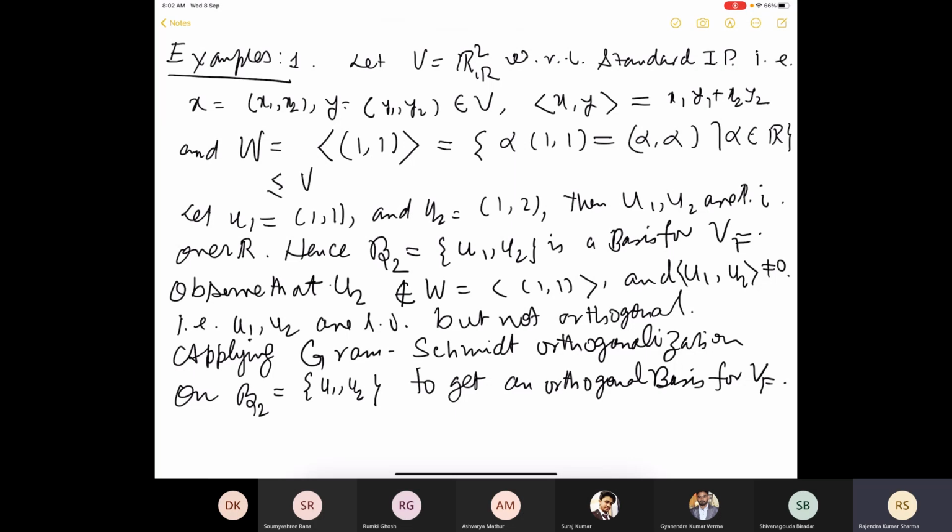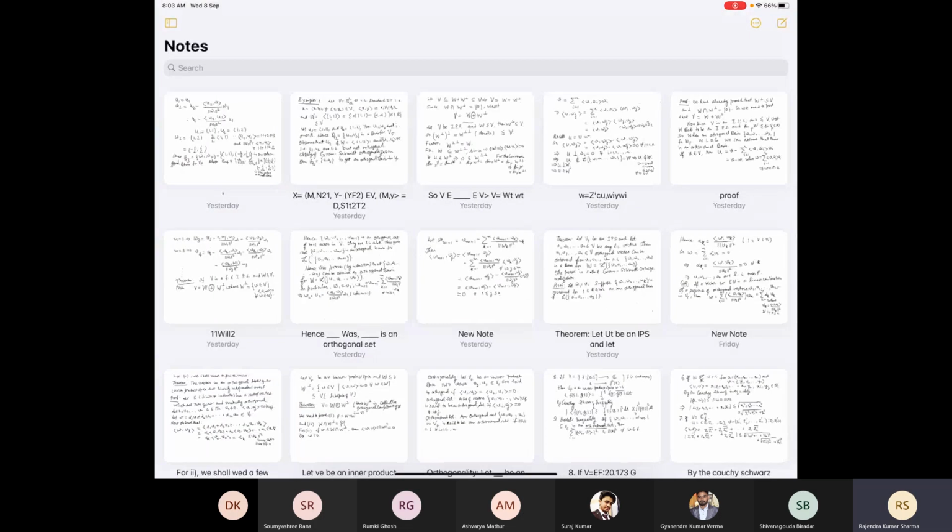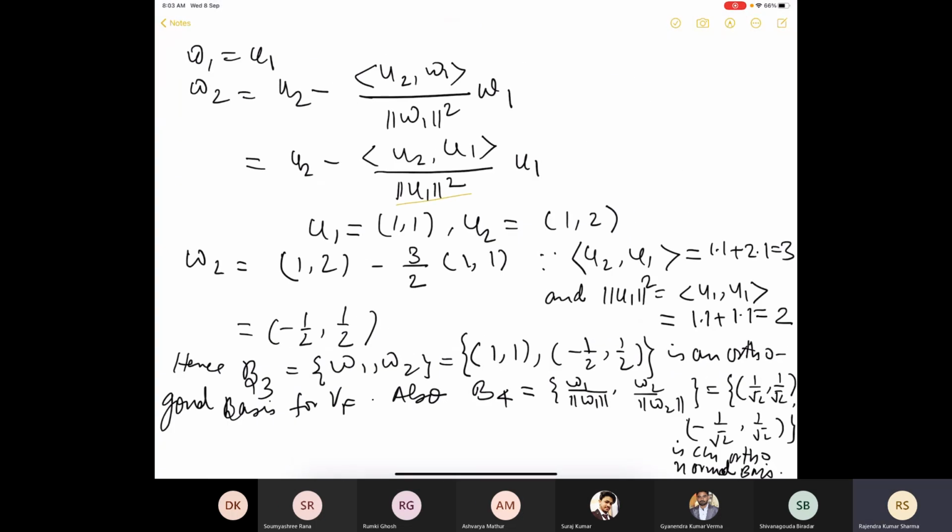And since we were doing Gram-Schmidt orthogonalization as an application to obtain an orthogonal basis from the basis B2 consisting of U1 and U2, what we did then was apply the Gram-Schmidt orthogonalization process. In that process, two vectors W1, W2 are obtained, which are orthogonal and they span as well; once you prove they are orthogonal, they are linearly independent.